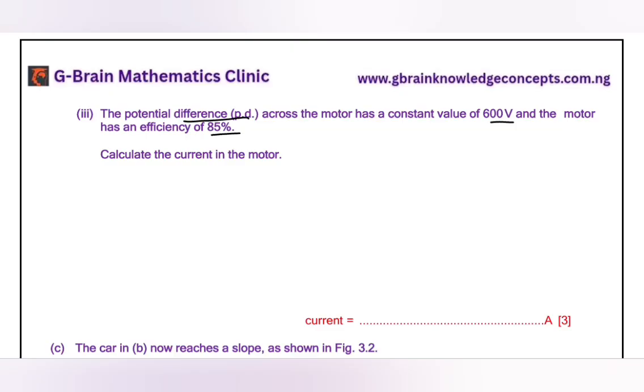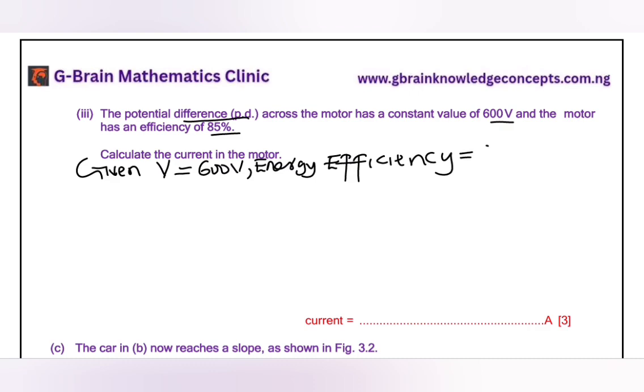So given the voltage, which is 600 volts, and we also have energy efficiency equals 85%. 85% is 85 over 100, and that's 0.85.